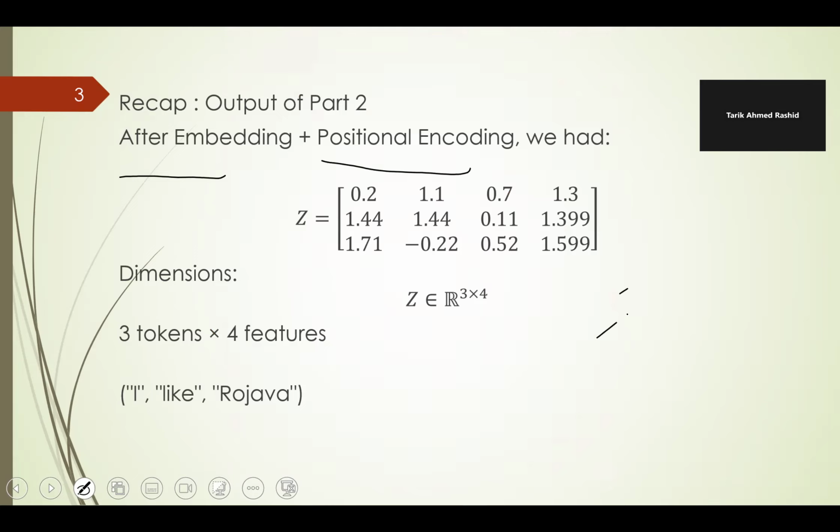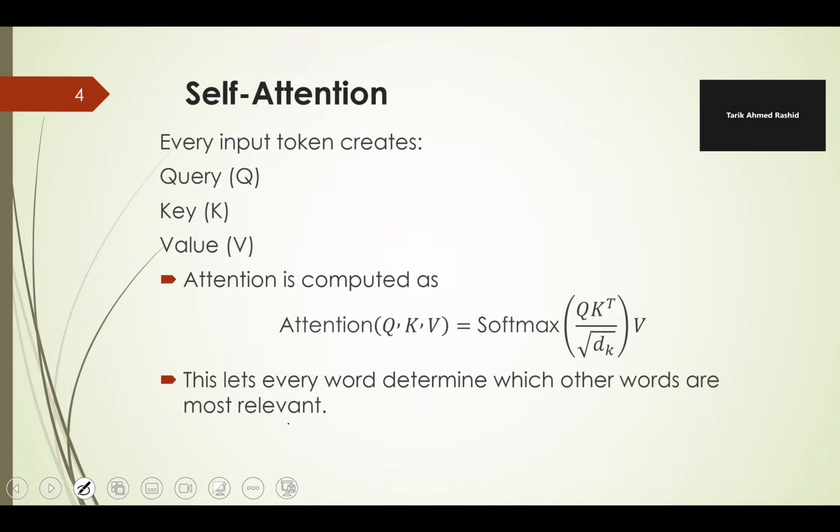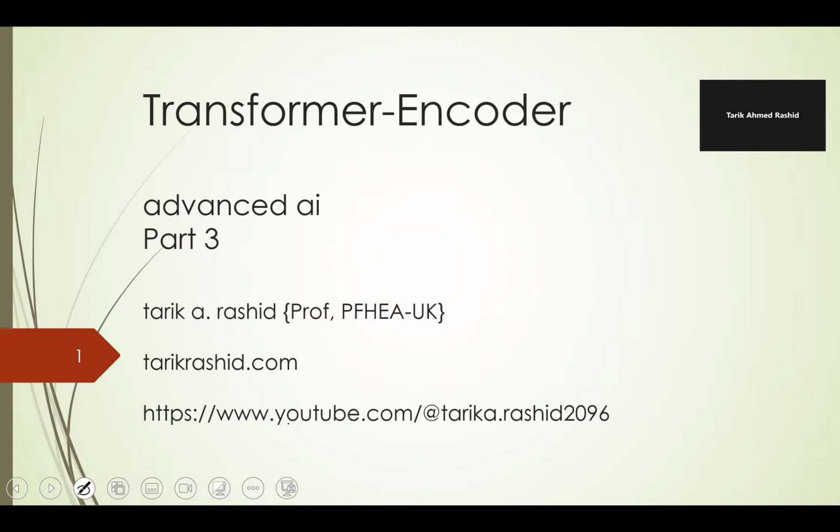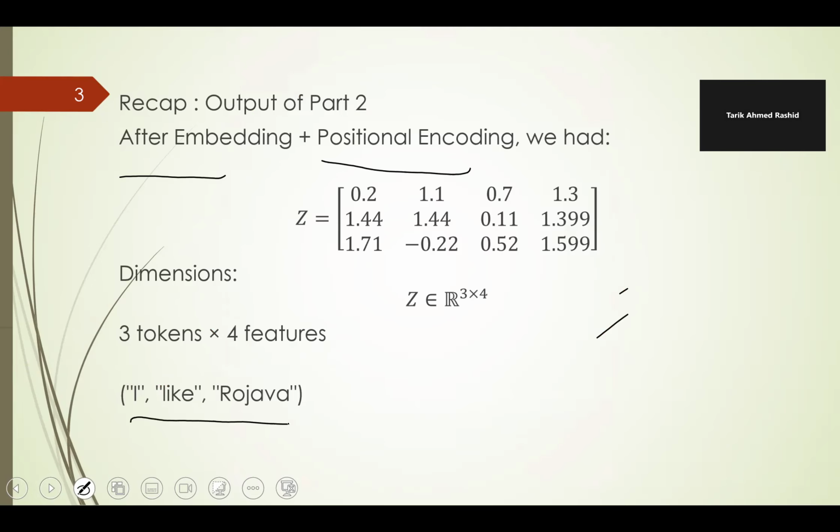So we found this one, which was 3 by 4: three tokens, 4 dimensions or 4 features. And the sentence was, "I like Rojava." Now the self-attention, where we're going to work with multi-head attention.